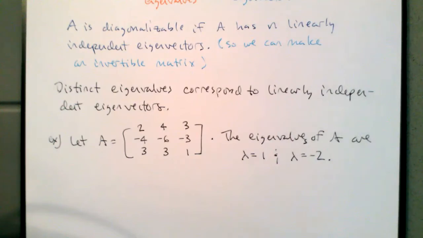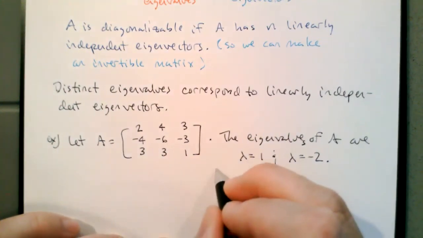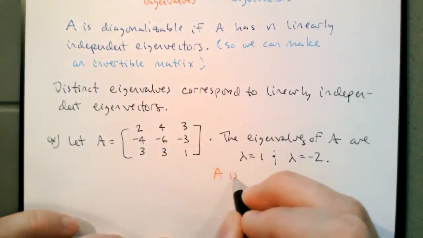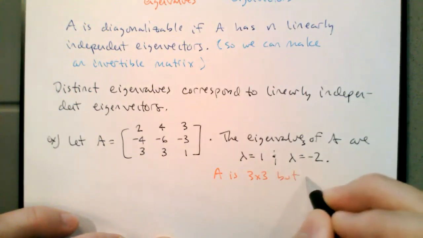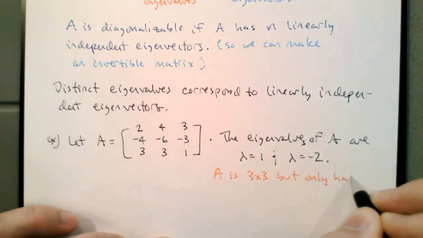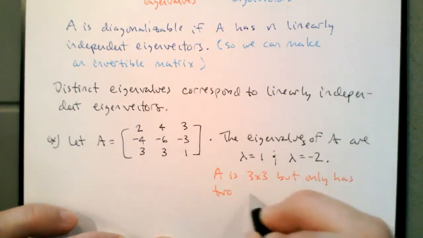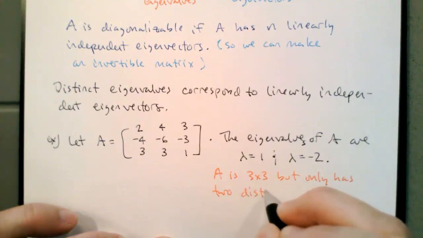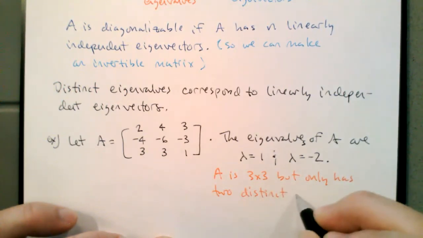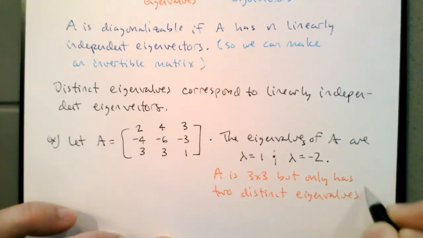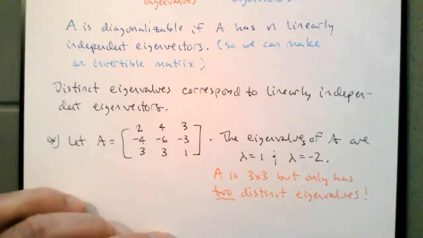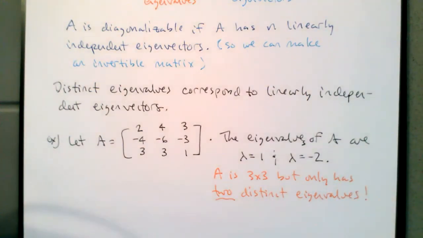That's what we want to notice here. A is 3x3 but only has two distinct eigenvalues. So we're guaranteed two linearly independent eigenvectors, but there might be three.